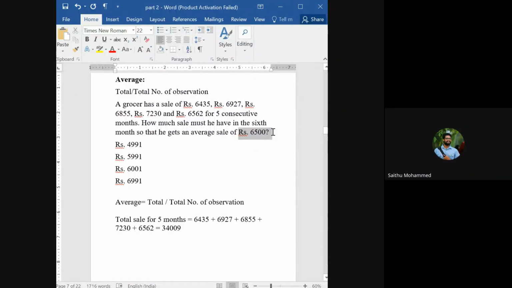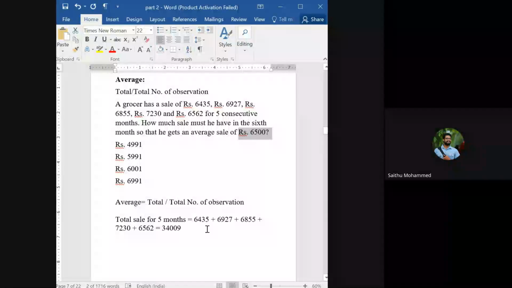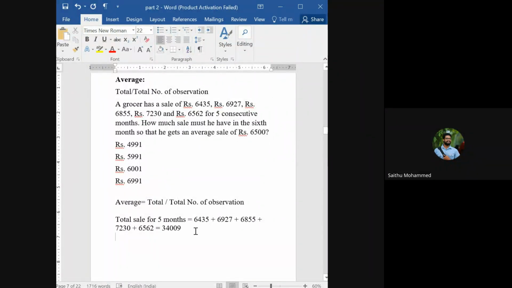What should the sales have been in the 6th month? We have got the total sale for the 5 months, that is 34,009 rupees. We have to find the 6th month sale in order to get 6,500 rupees as the average.